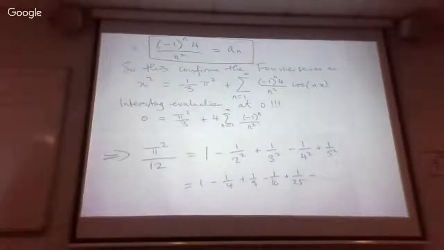It's quite intriguing. We can track where it's all come from. It's all come from these orthogonality properties of the cosine and sine functions, the existence of these Fourier series, but it's quite tantalizing. Okay, we'll leave it there for now.